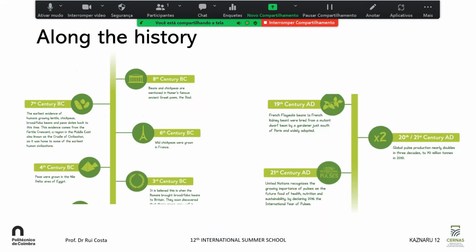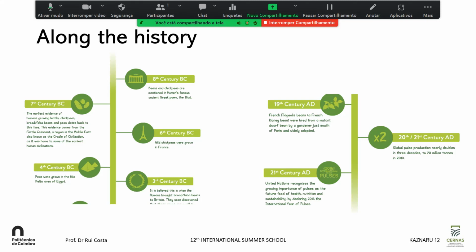How about pulses in history? They started, at least it's written in a Greek poem from Homer, 800 years before Christ. So there is a long history record that they have been used for thousands of years.